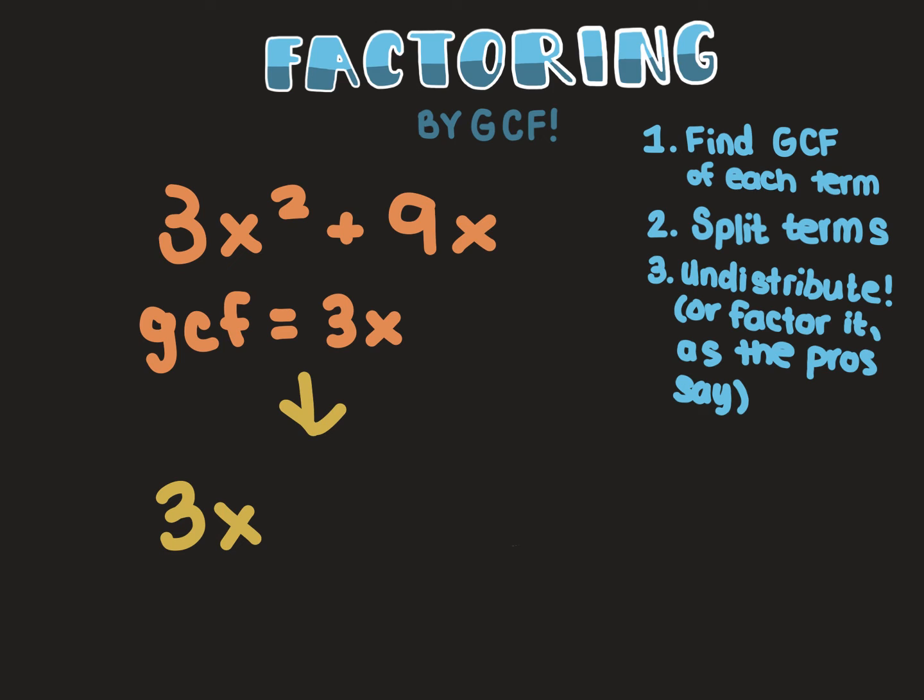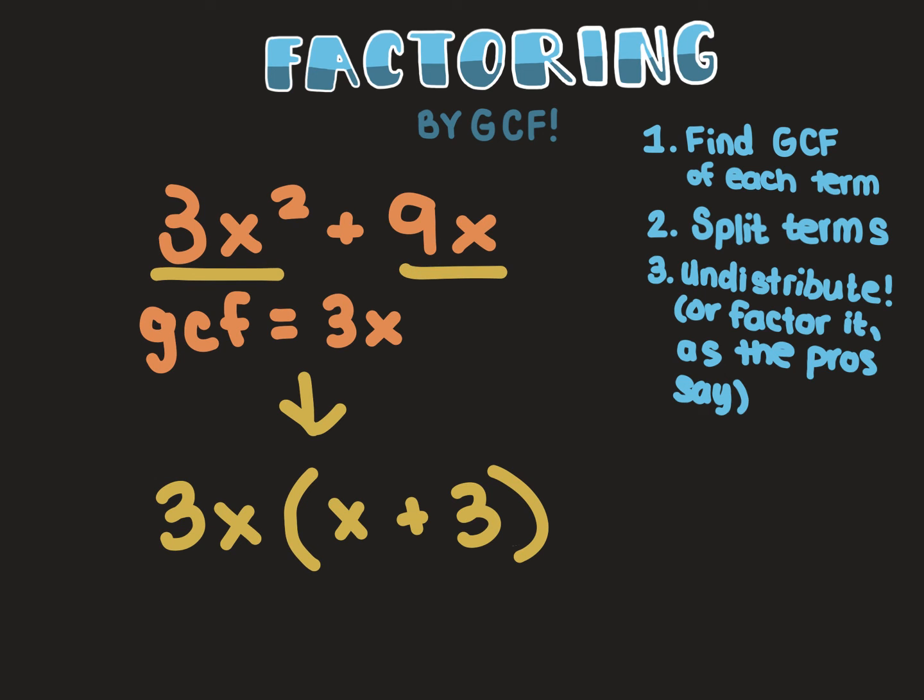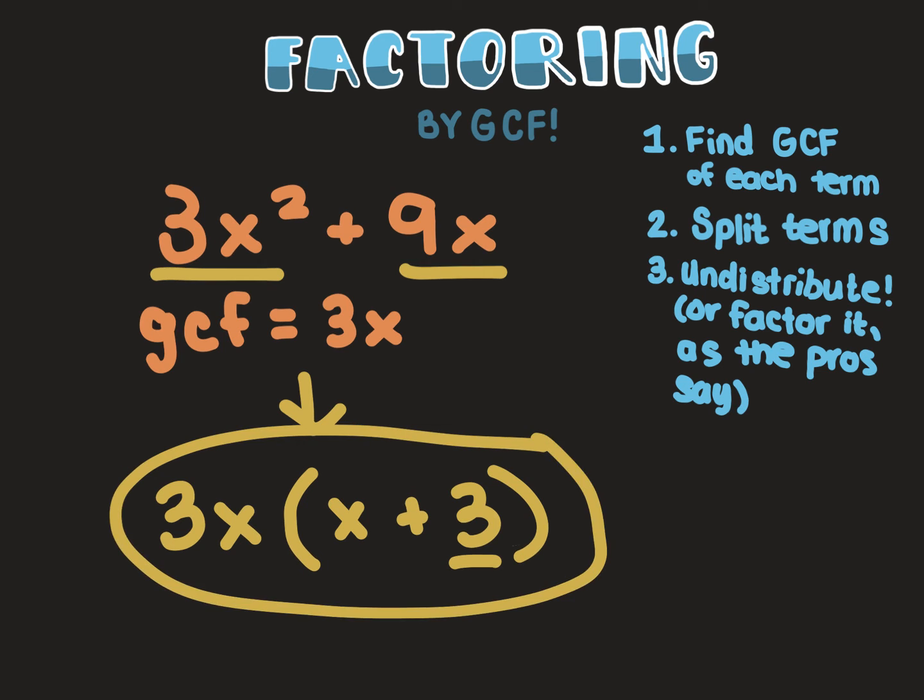So we have 3x, and then if we divide each of the terms by 3x, that's what we're going to have left. So we have x, and then we have 3, right? Because 3x squared divided by 3x is x. 9x divided by 3x is 3. And this is our factored solution.